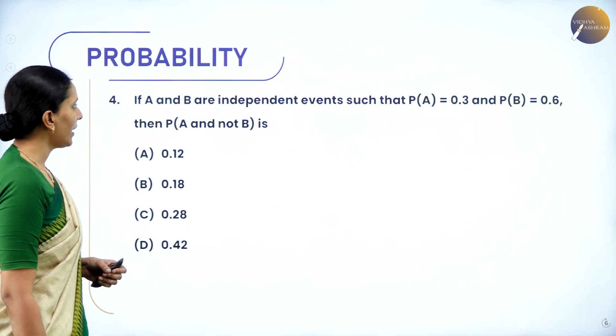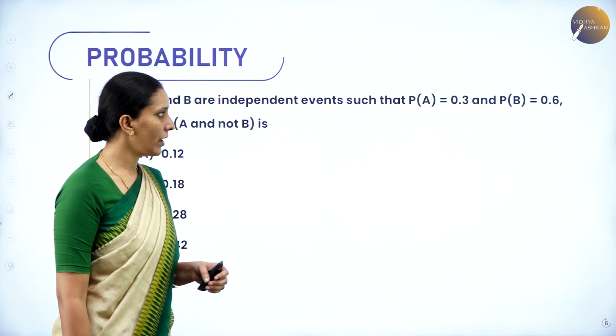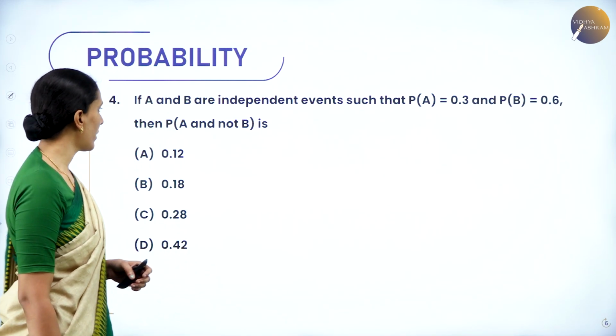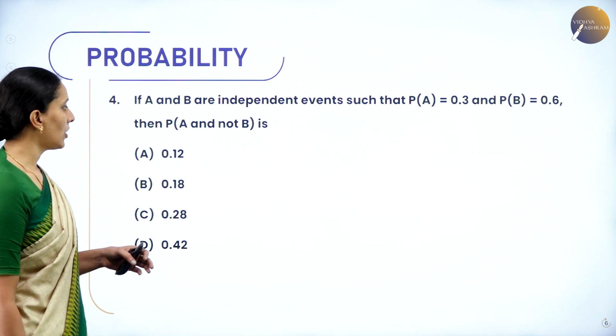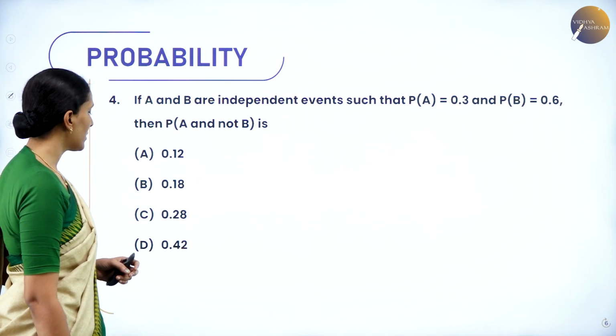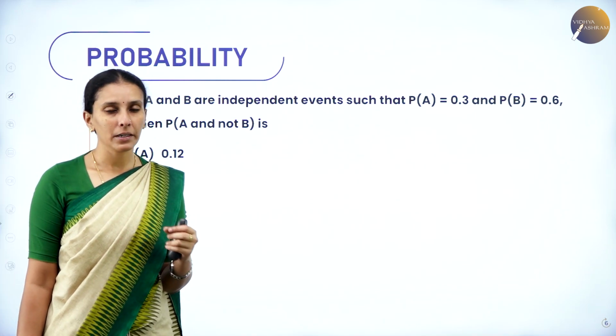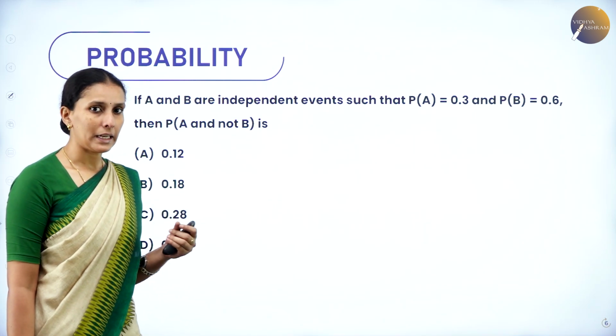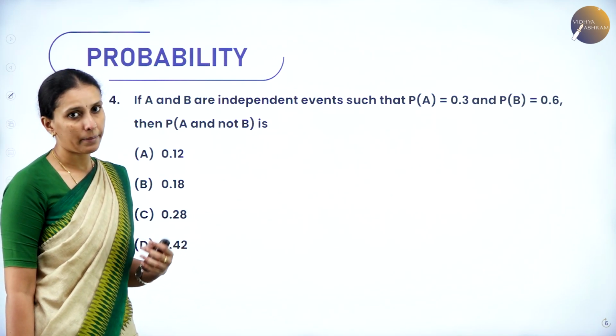Next, if A and B are independent events such that P of A is 0.3, P of B is 0.6, then P of A and not B is: 0.12, 0.18, 0.28, 0.42. We know that if A and B are independent events, then A dash and B dash are also independent events.